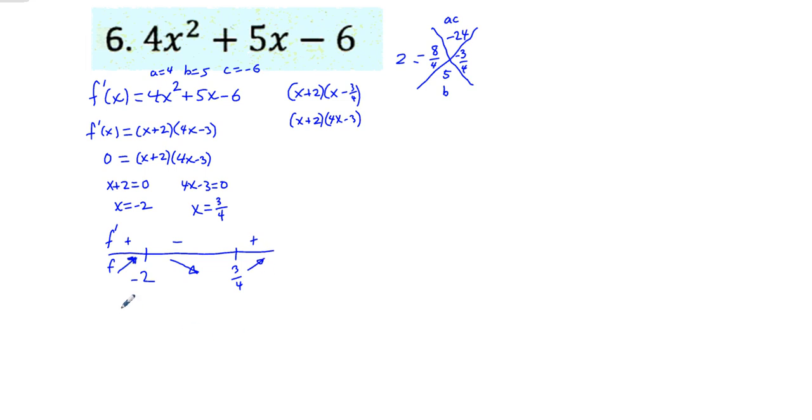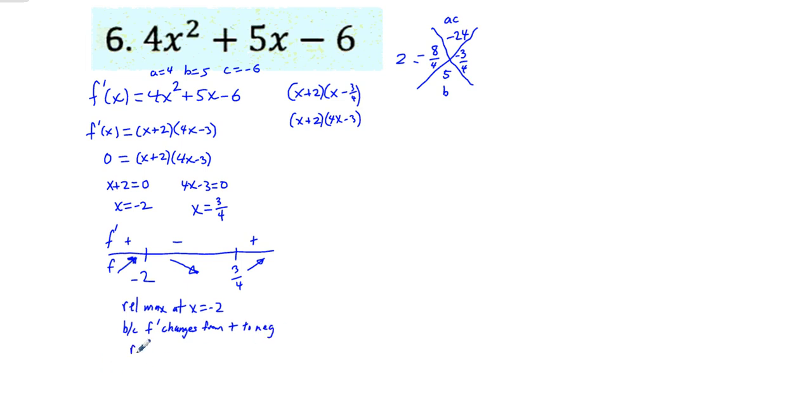So we have a relative max at x equals -2 because f prime of x changes from positive to negative.